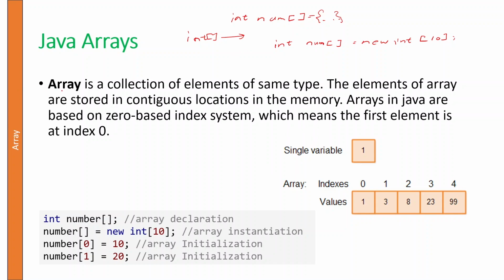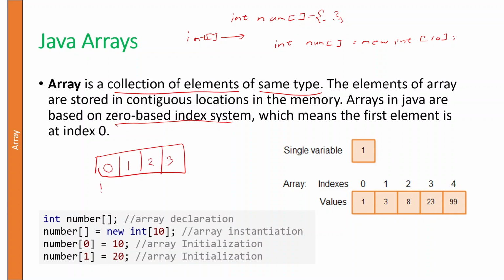So what is the definition? An array is a collection of elements of the same data type, right? The elements of an array are stored in contiguous locations in memory. Arrays in Java are based on the zero-based index system. When you take any array, indexes start from 0. First one is 0, 1, 2, 3.